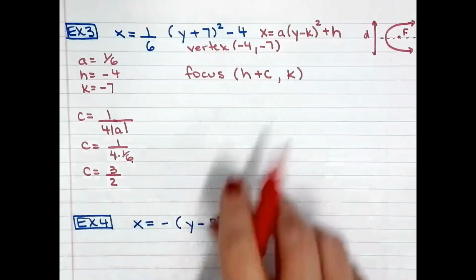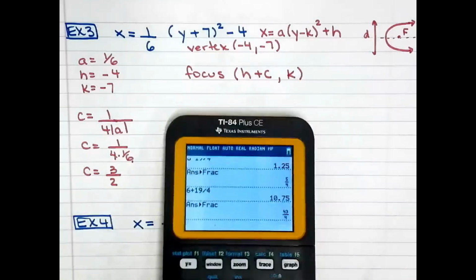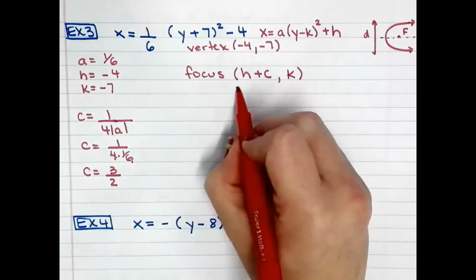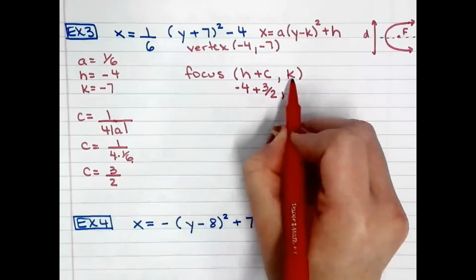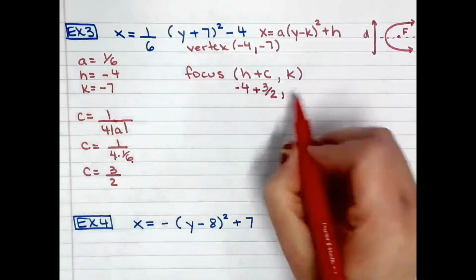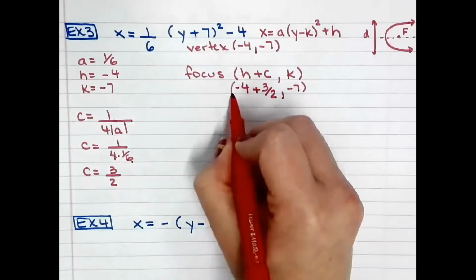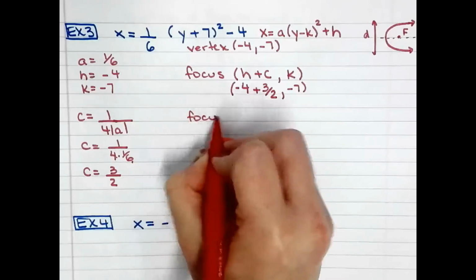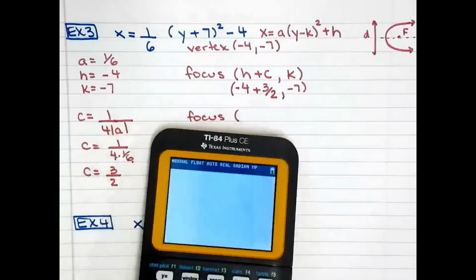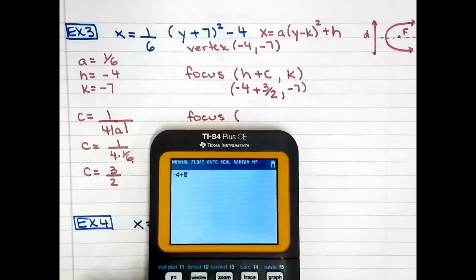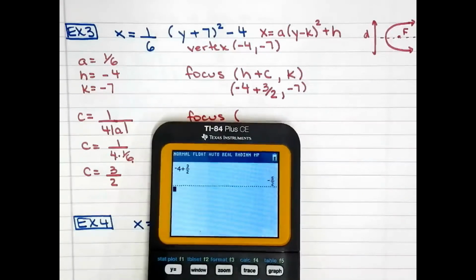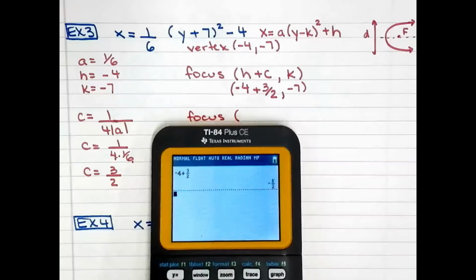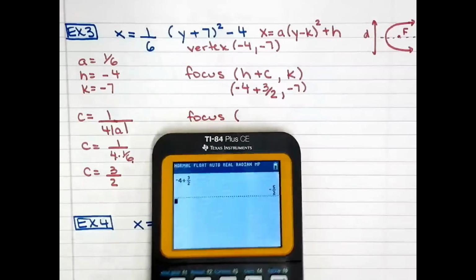So H is -4 plus 3 over 2, and K is -7. So the focus is -4 plus 3 over 2, so -5 over 2. That's the x-coordinate of the focus.